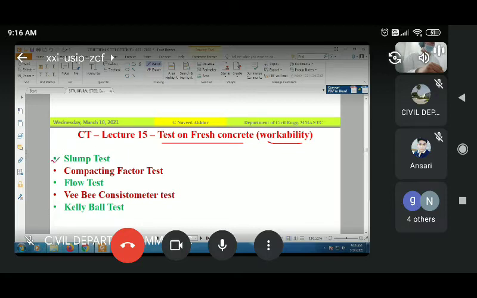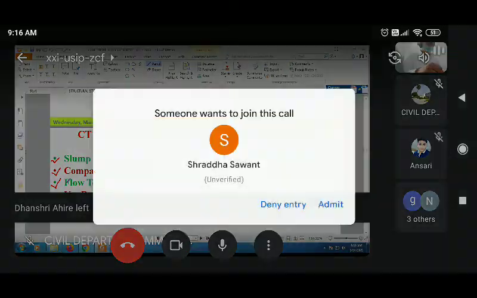Slump cone test, compaction factor test. It is used when there is low workability. If the degree of workability is high, then we are going for flow test. Also, if the degree of workability is low, we can use flow test with jolting.